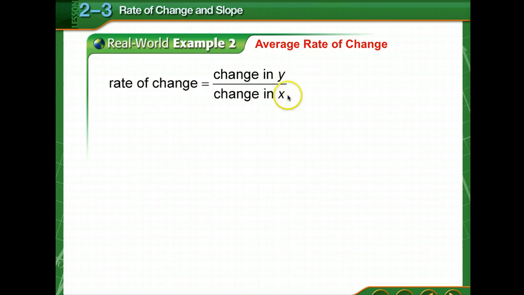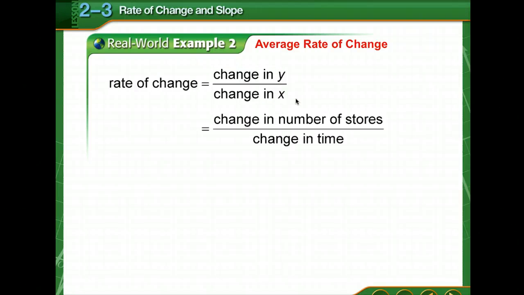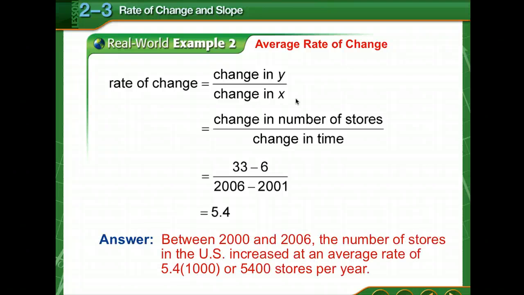So that's still the change in y over the change in x. So change in number of stores over time, 33 minus 6 over 2006 minus 2001. So 5.4. So between 2000 and 2006, the number of stores in the United States increased at an average rate of 5.4, and that's in thousands. So that's 5,400 stores per year. Wow. Okay.